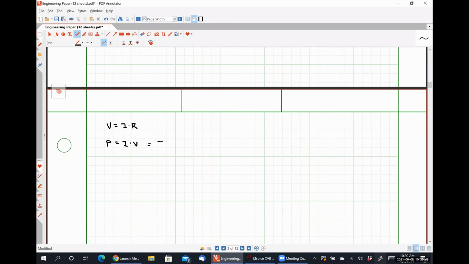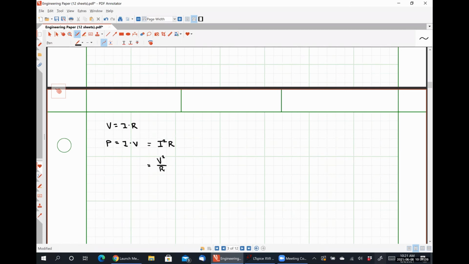The first of which is I squared times R, which allows us to calculate the power absorbed by a resistor if we only know the current flowing through it. And our second equation is V squared over R, which allows us to calculate the power absorbed by a resistor when we only know the voltage drop over it.